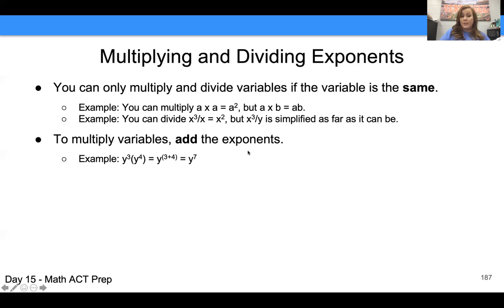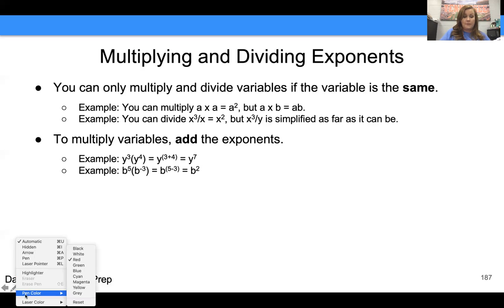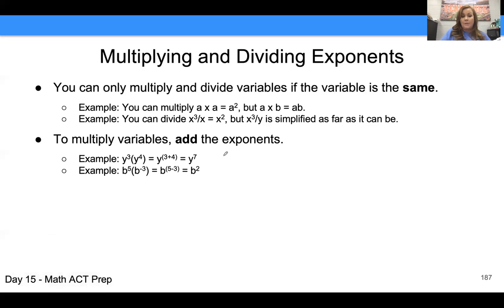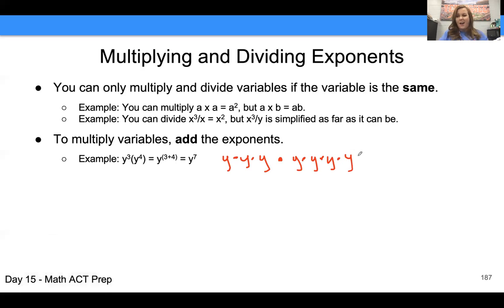If I drew this out, I'm going to get a y times y times y. That's my y to the 3rd times y to the 4th. Y times y times y times y. Are you annoyed with me saying y yet? Because I am. And so then when we count, that's simply y to the 7th.